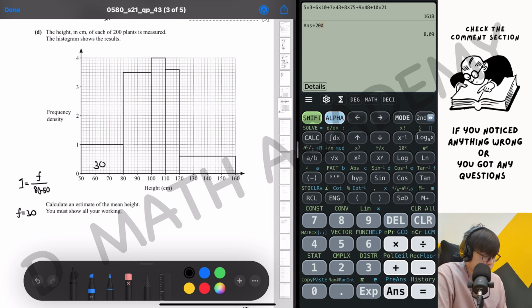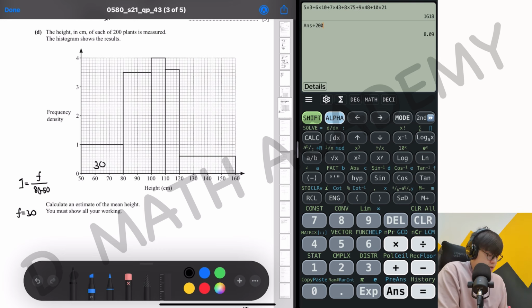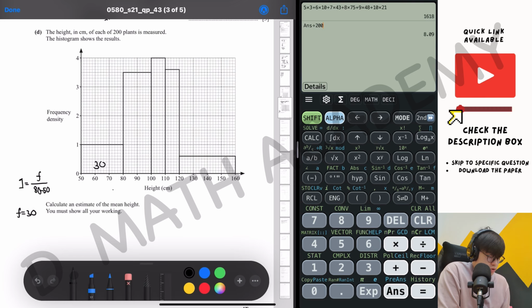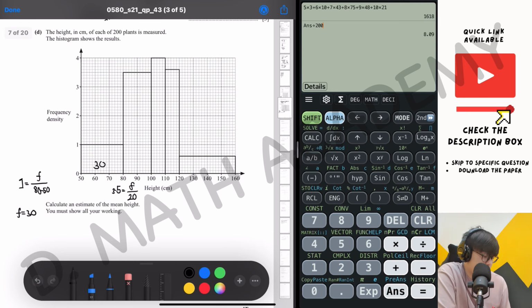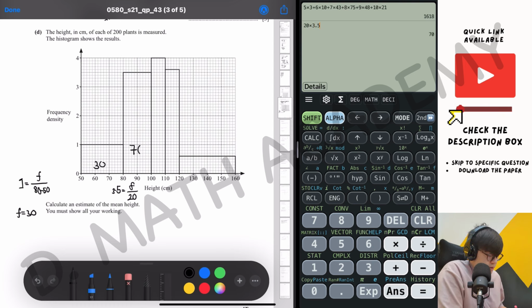So you have to do manual calculation on all the parts. So this is actually 3.5, and the class interval is 20 by taking 100 minus 80. So 20 times 3.5, we will get 70.